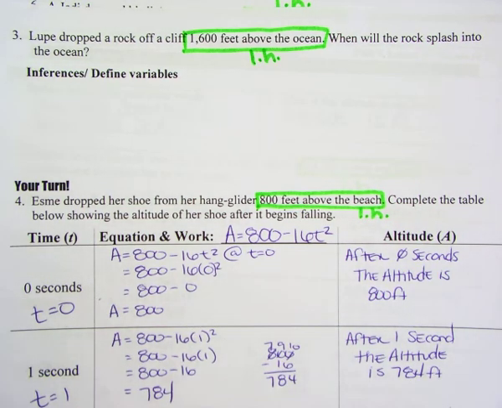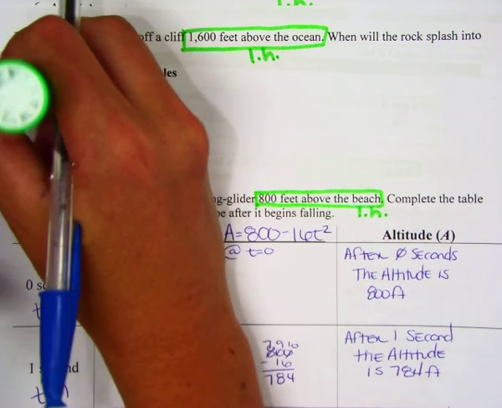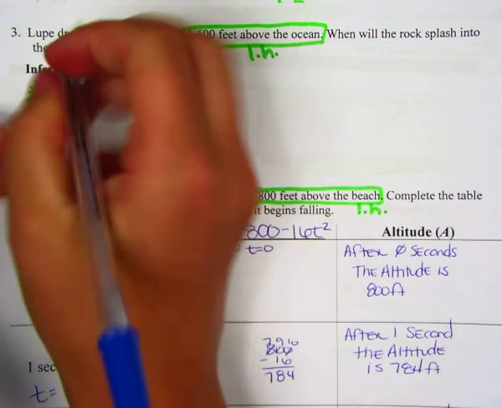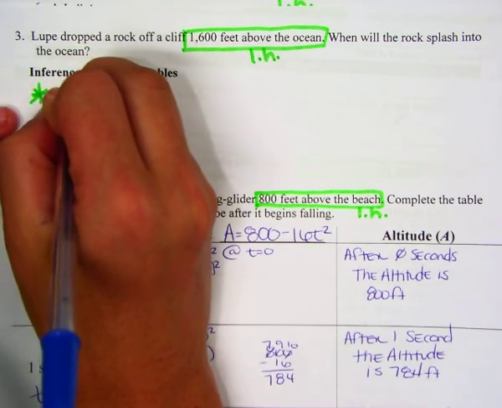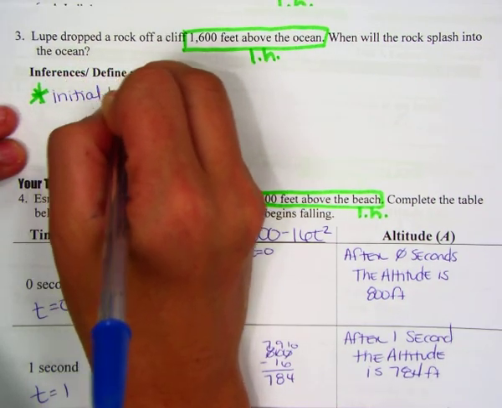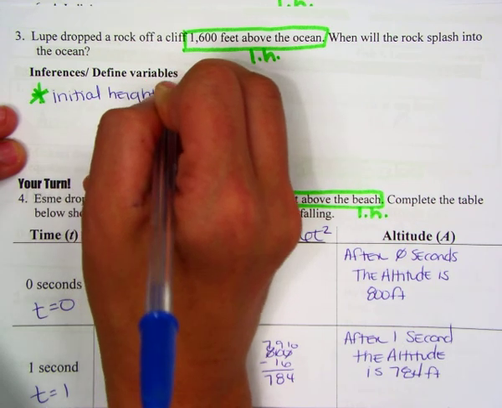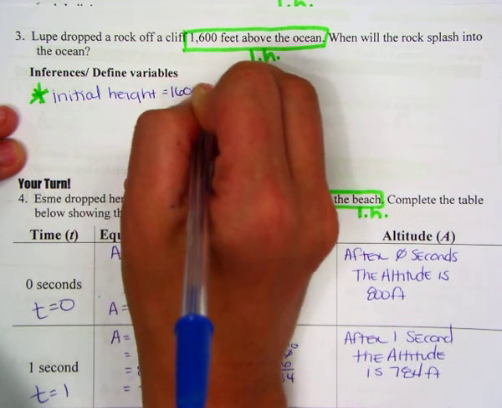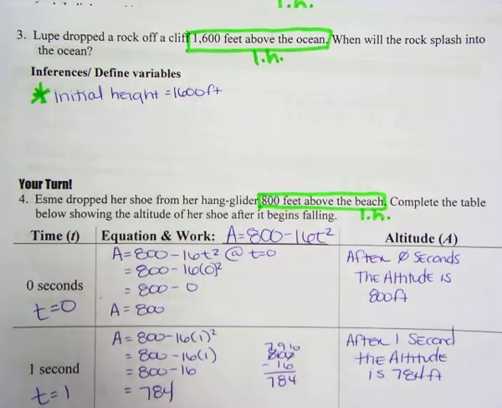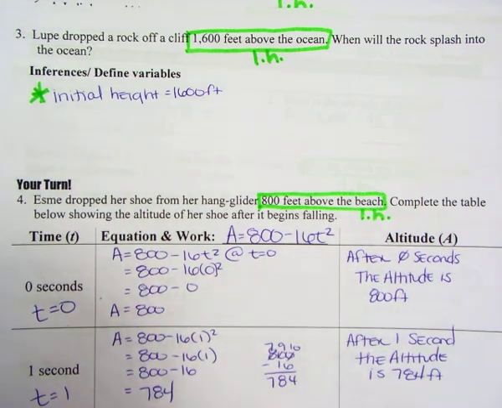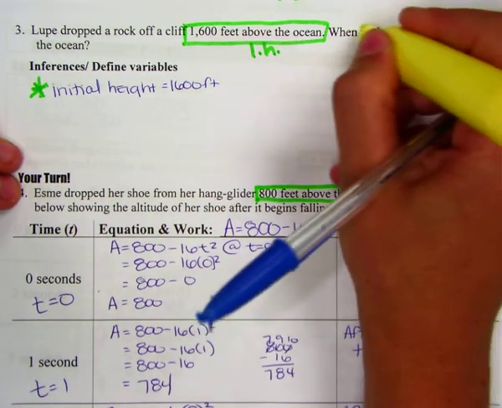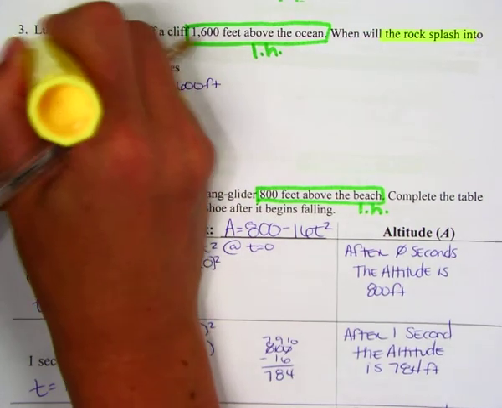So one inference is that the initial height is 1,600 feet.